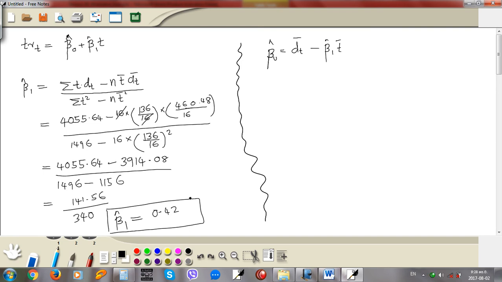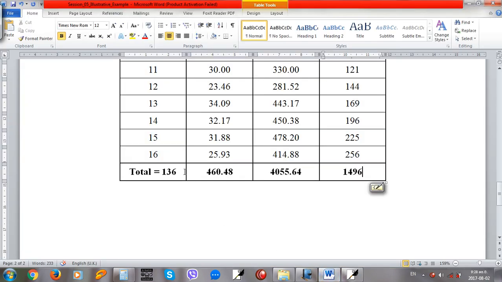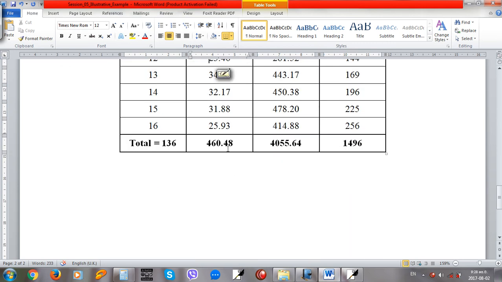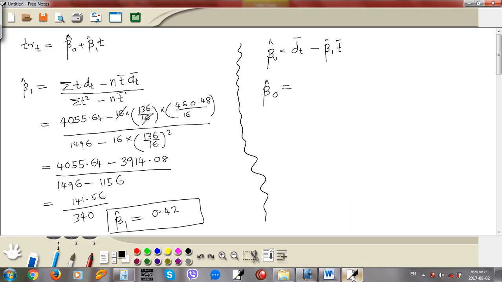After finding beta 1 hat, we can find beta naught hat equals dt bar minus beta 1 hat times t bar. Sigma dt is 460.48, and dt bar means divide by the number of entries, 16.